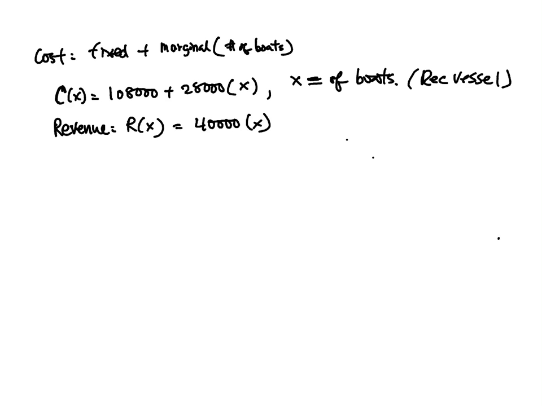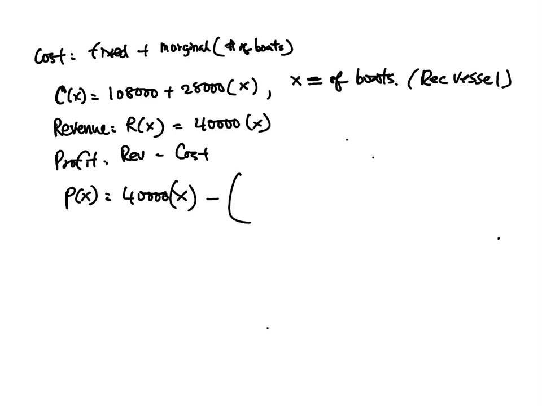Profit is whatever is left over. Hopefully, the leftover amount is going to be positive. So profit is going to be revenue minus cost. So P of x is going to be 40,000x minus the quantity 108,000 plus 28,000x.